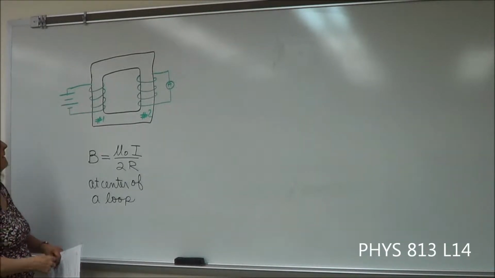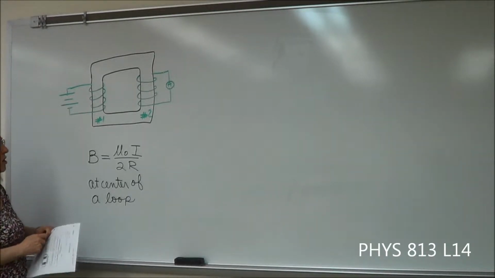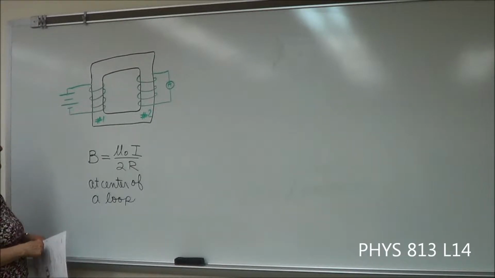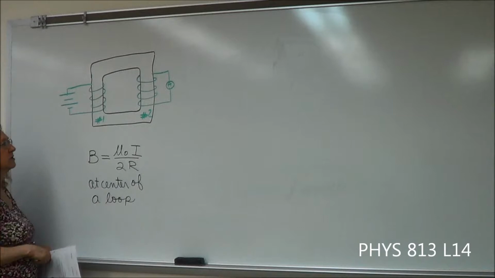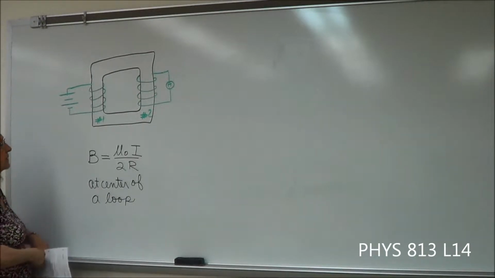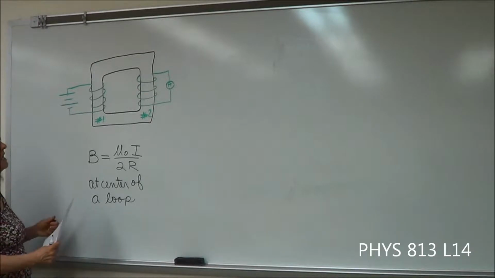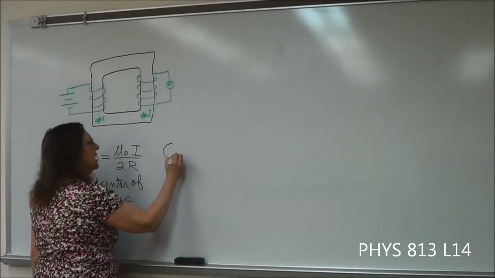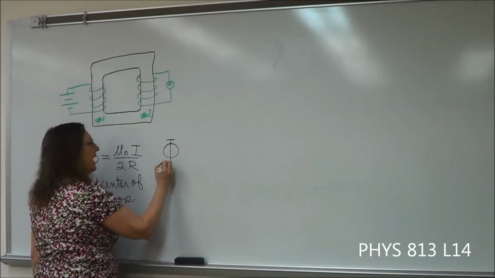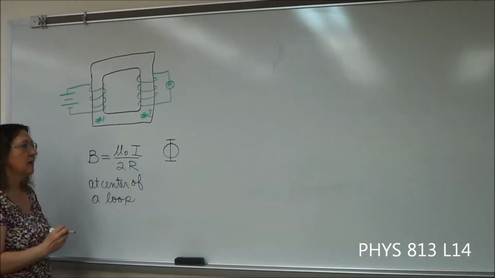Now, in the LR circuit, we did a little bit about using coils, but I'm also going to describe more here. So the other thing that we need to look at is flux. So we have magnetic flux. It's represented by the capital Greek letter phi.